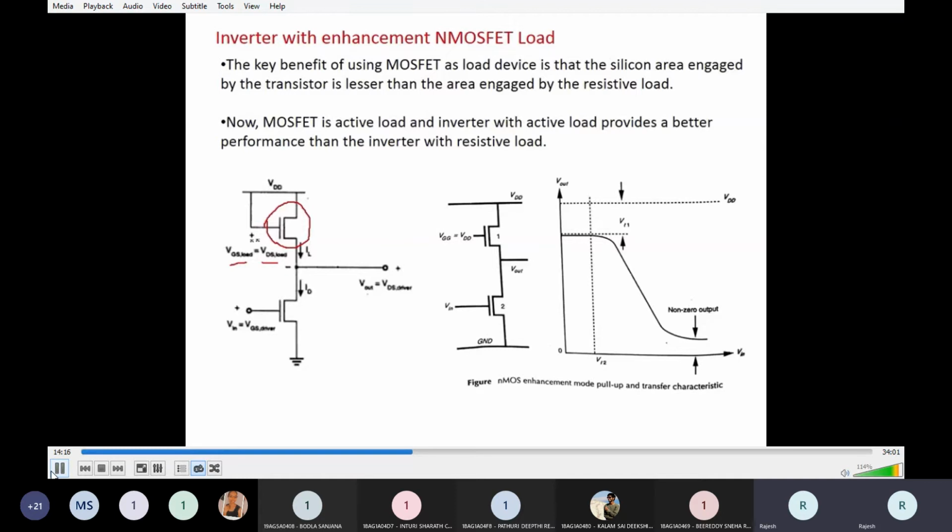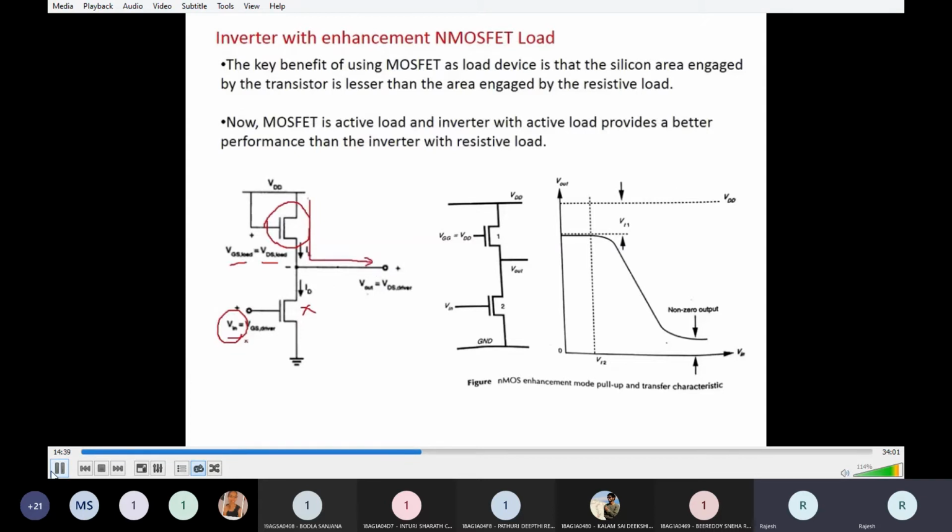Gate voltage VGG. Whenever the pull up is always on, for logic 0 or low input, the pull down transistor turns off, that is, it is open circuited. Whenever it is open, VDD is directly connected to the output, hence we will get a high output.